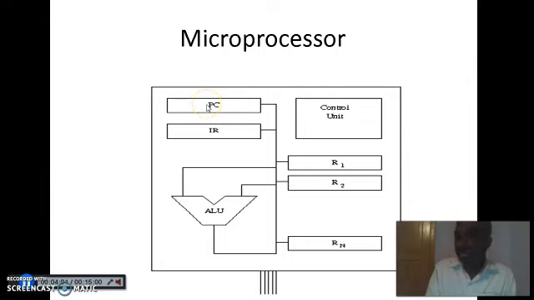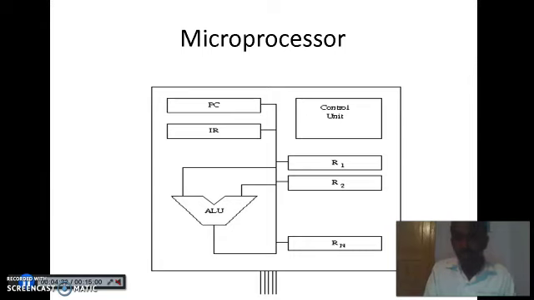The program counter is also a register, a 16-bit register. The function of the program counter is that it contains the address of the instruction being executed at the current time.